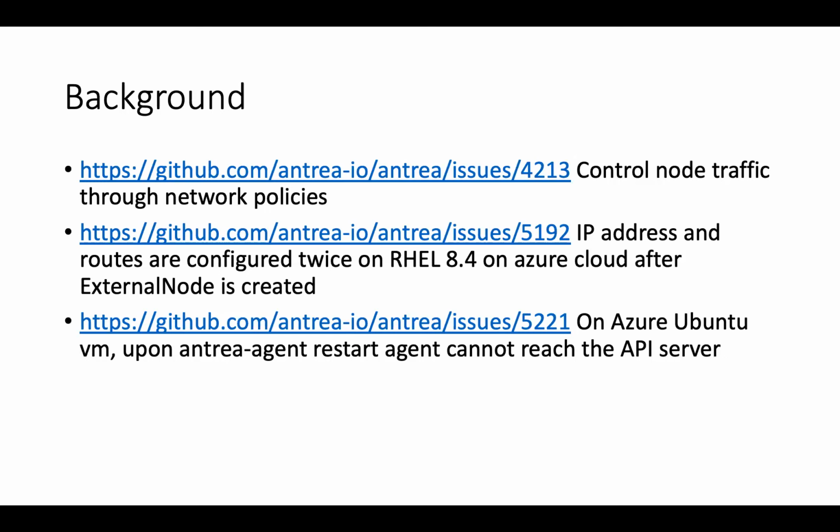However, we also know that it's not very steady in the external nodes implementation, because to realize network policy for node traffic, we had to attach the host's network interface to the OVS bridge and move all the L3 functions of the uplink device to a virtual device of OVS.